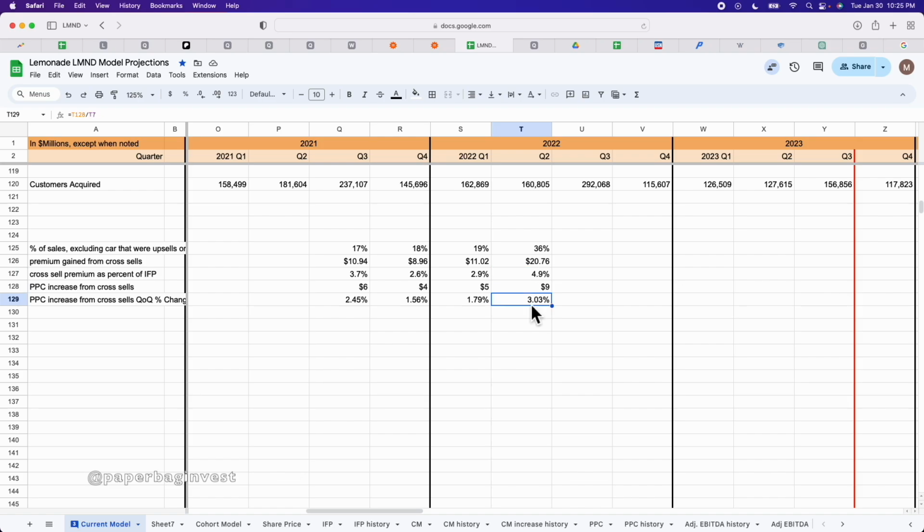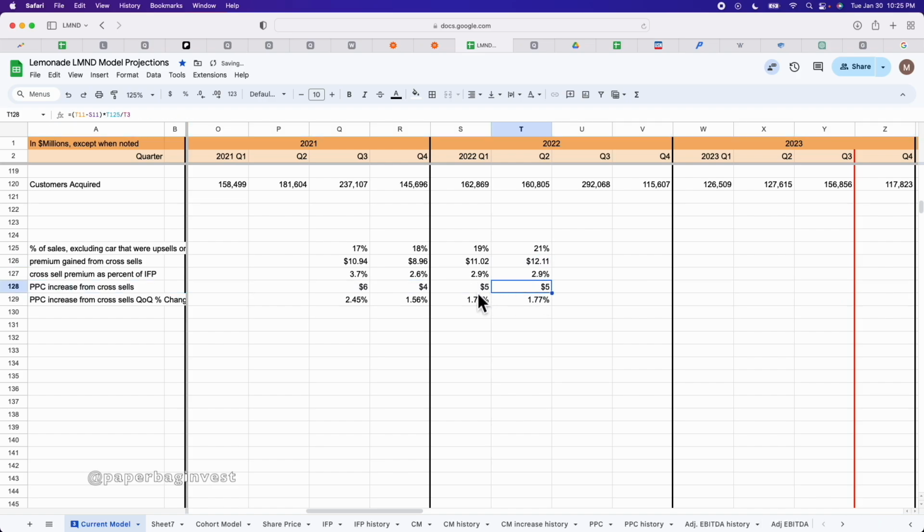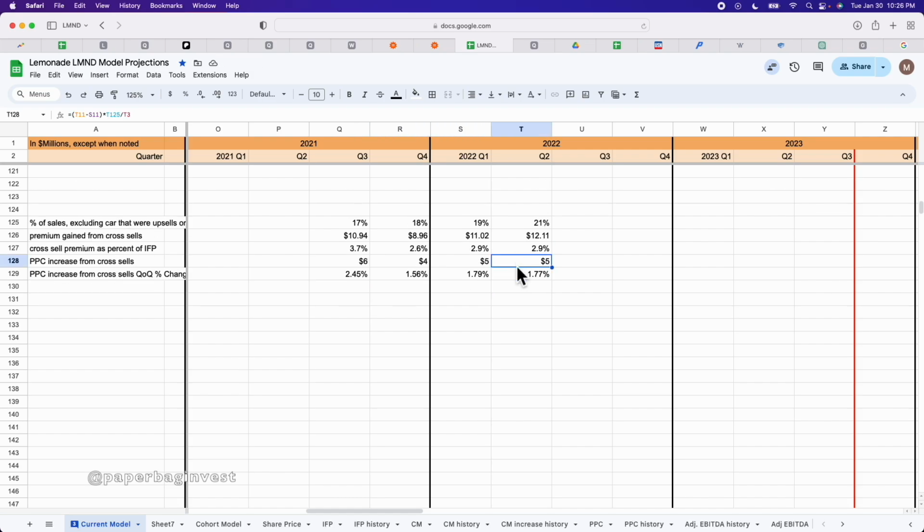And then another way to look at it: this is the total premium they're getting, part of which also gets churned away, and then you have to overcome that churn. Another way to look at it is just the overall premium change. On a premium per customer basis, for the 21, you're getting about a $5 increase in premium per customer on the book of business, meaning those customers, on average, are spending about $5 more in premium each quarter, which is again really, really significant.